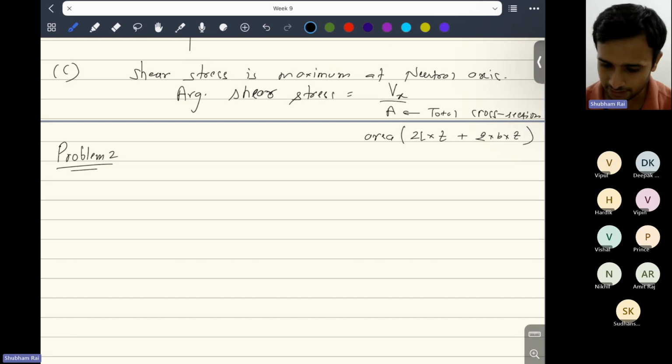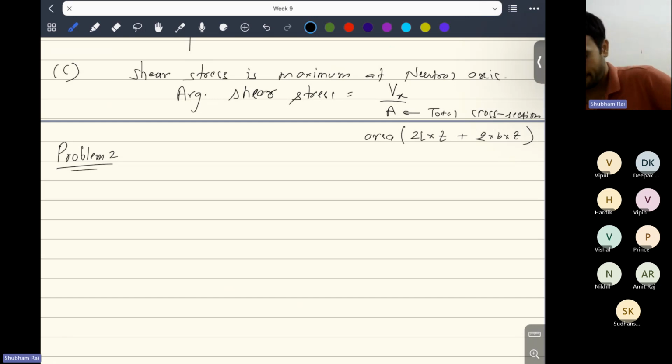But please remember one thing: in all the composite beams, we assume that the materials are perfectly bonded to each other. Since they are perfectly bonded, if only bending is happening, the longitudinal strain will not be discontinuous.